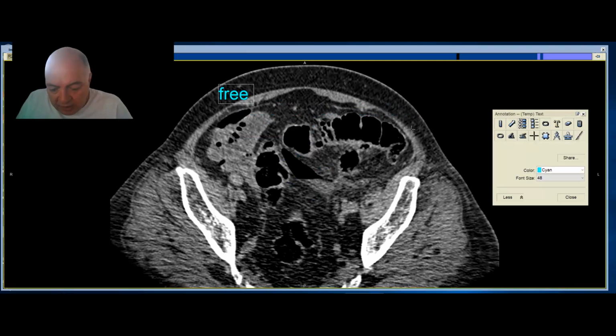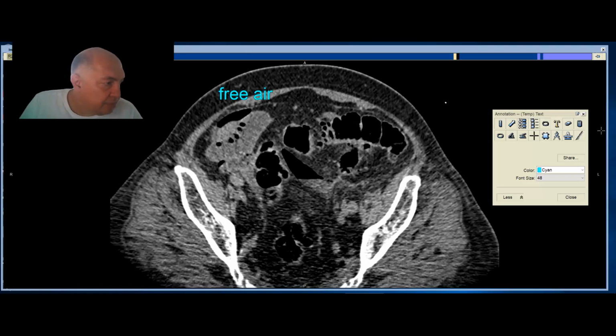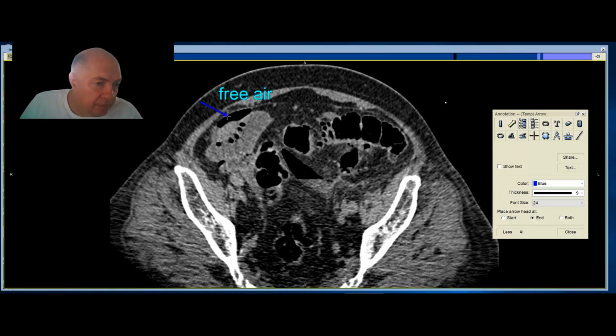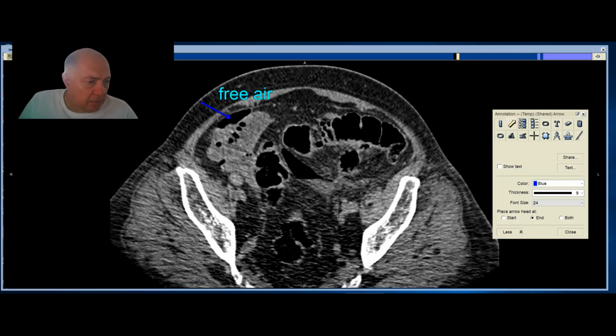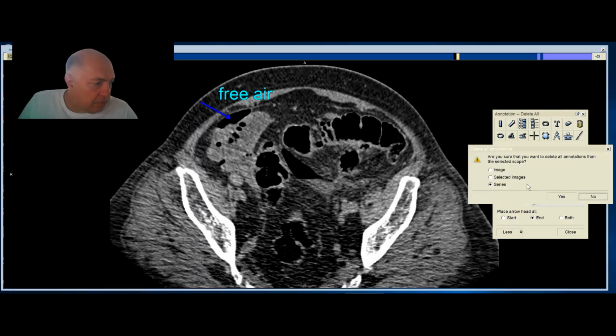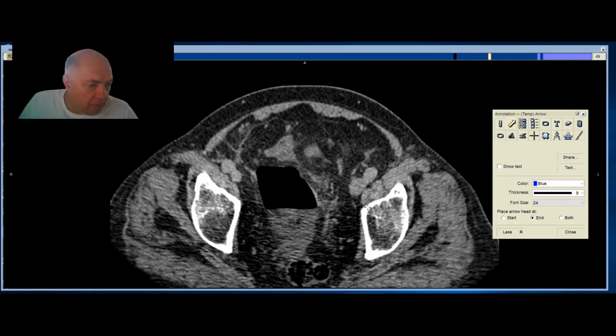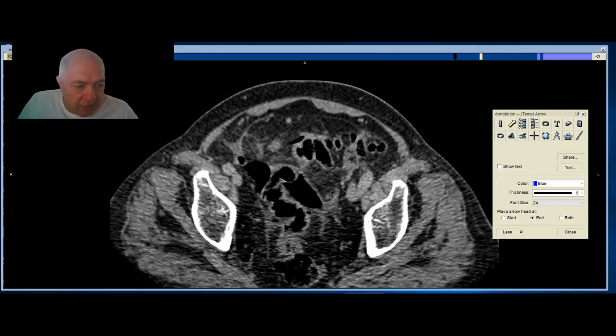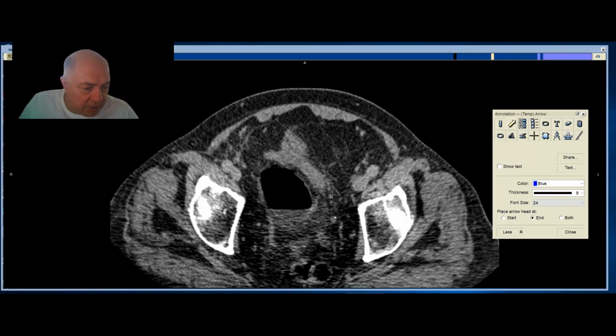I also see a bit more free air there. Now it's easier to see free air on, sorry, there's another collection there.